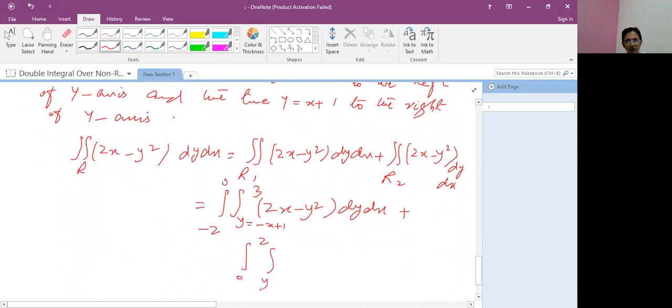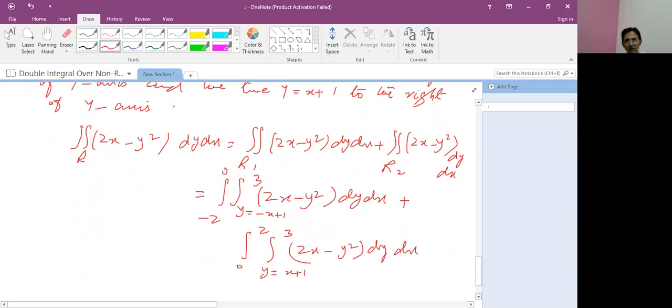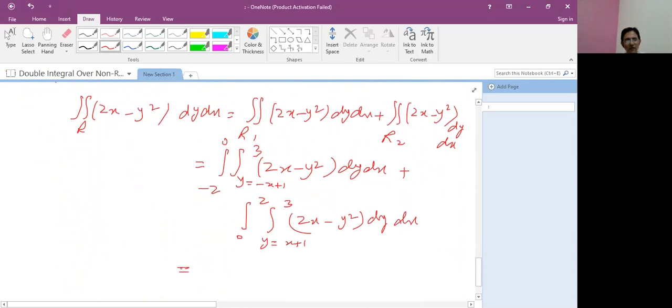So the limit of y is x plus 1 to 3 and the function 2x minus y square into dy into dx. Then we will integrate first with respect to y, then x, both integrals.